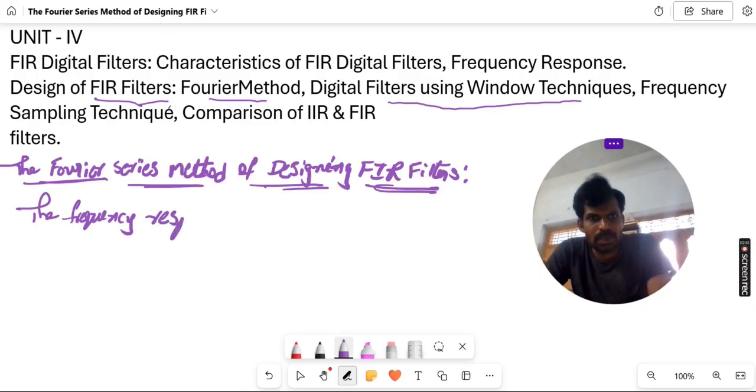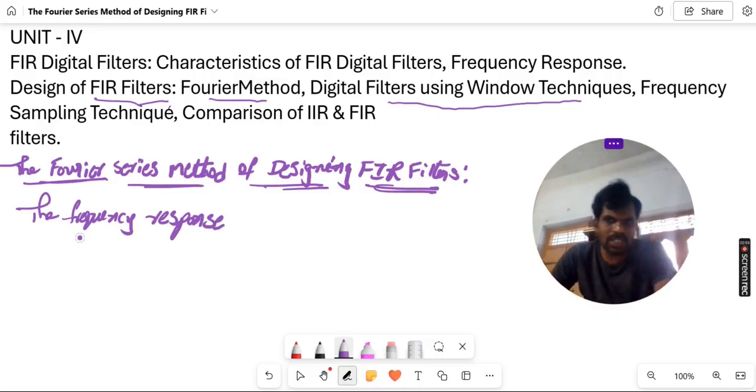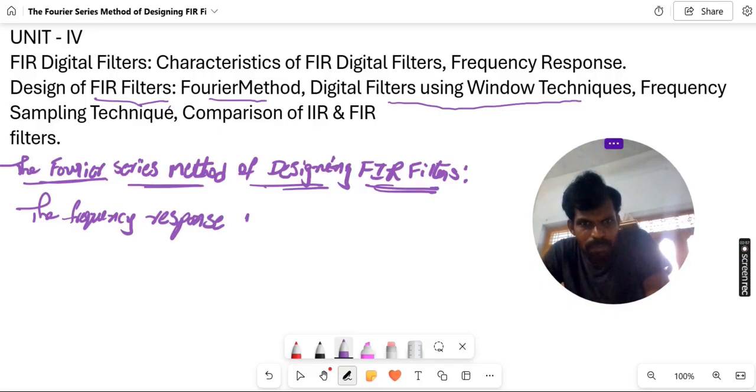In general, the frequency response of a filter is represented by H of e power j omega.